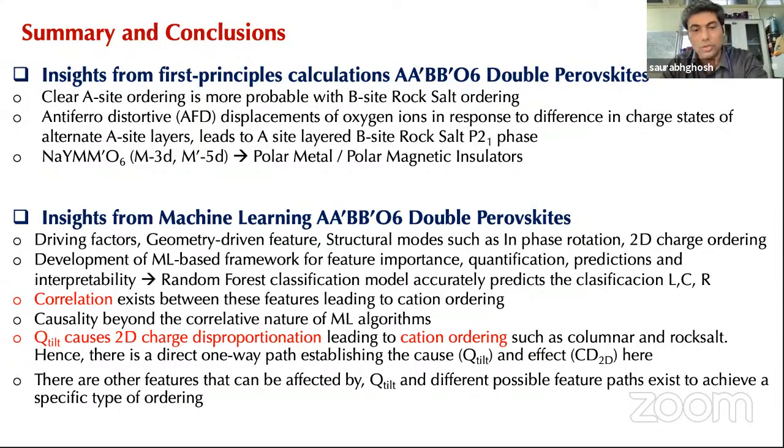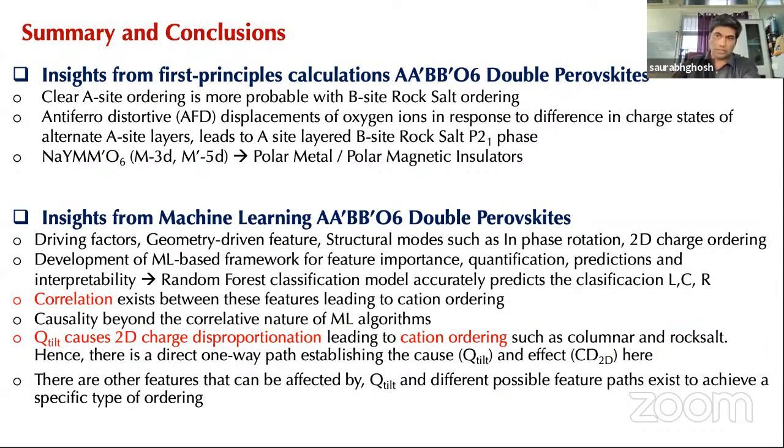The rule is that if you want to get a clear A-site ordering, you should first get a clear B-site ordering. B-site rock-salt ordering prefers A-site layer ordering. That is the hint we got from the first principle calculations, and we also identified a mode, the antipolar O-site displacement, which is more crucial for stabilizing the A-site ordering.